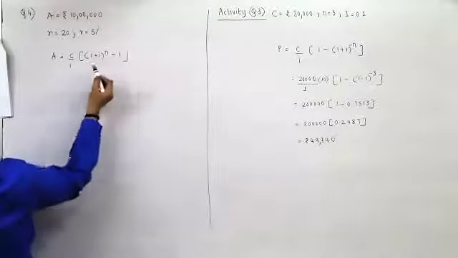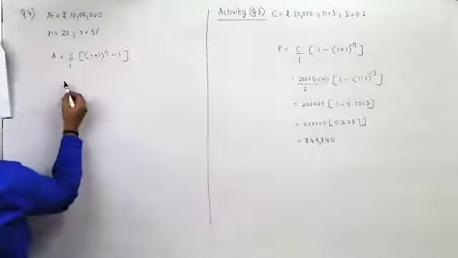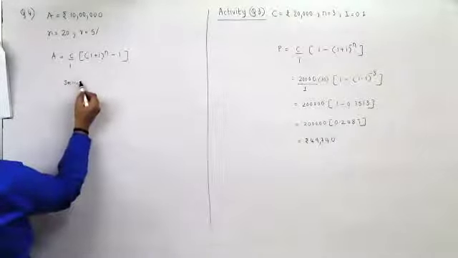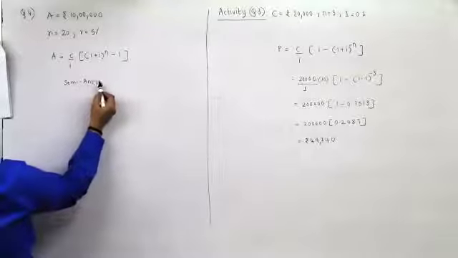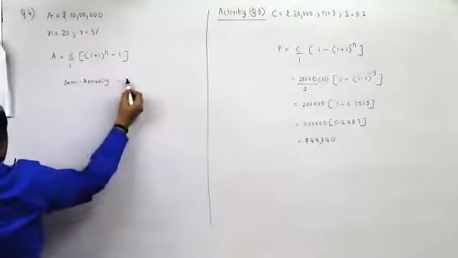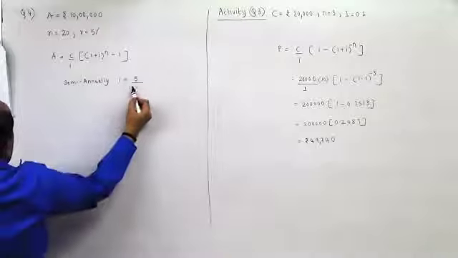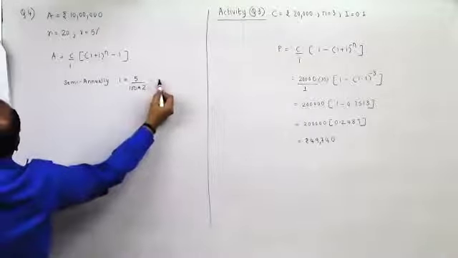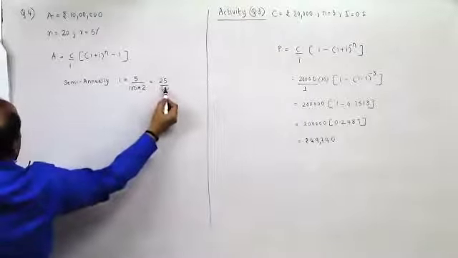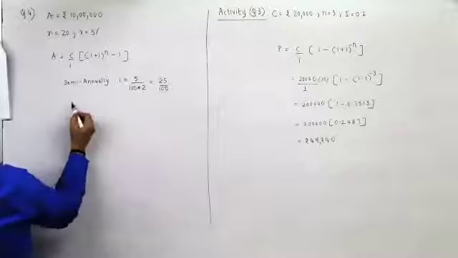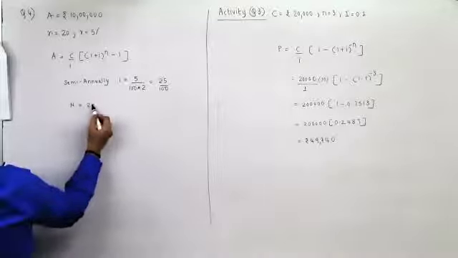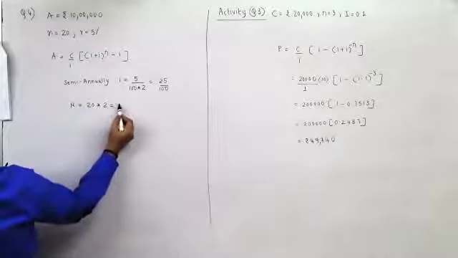And they have asked you to find I, what is it? Now it is semi-annually. Since it is semi-annually, compounded twice, therefore I equals R upon 100 into 2. So it is 2.5 upon 100. Then N would be 20 into 2, so it is 40 years.